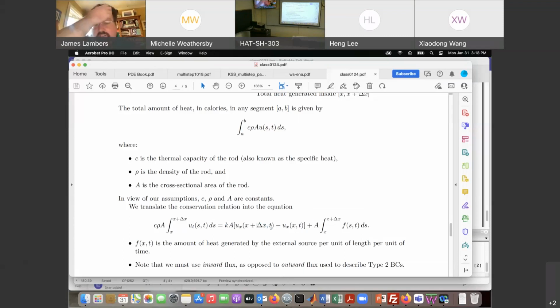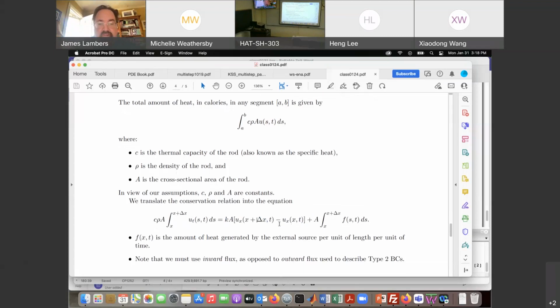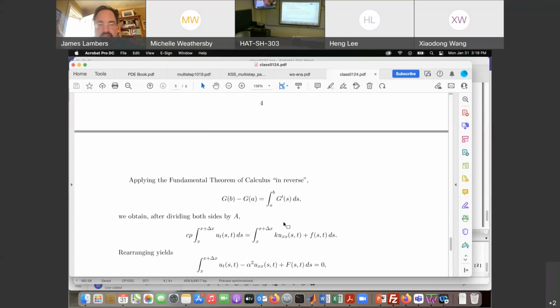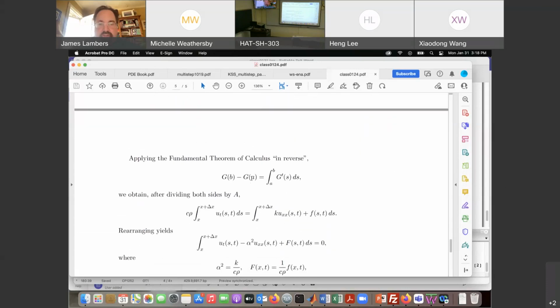So that's one thing I would change. The other thing is, for both derivations, you have a difference of function values that are evaluated at different x's. And what I did with that last time, you will do again here, where you express it as an integral of its derivative.